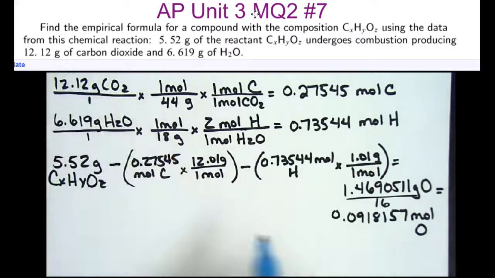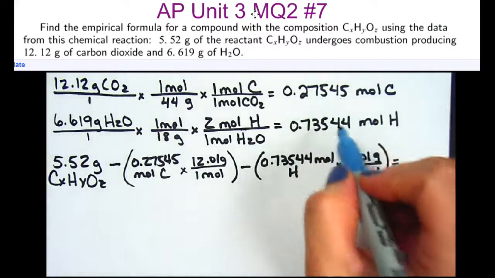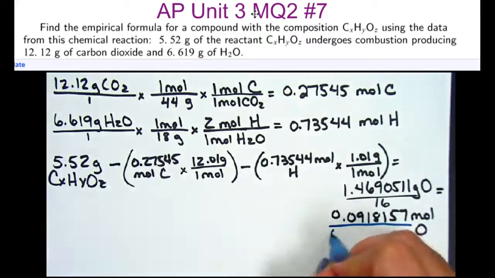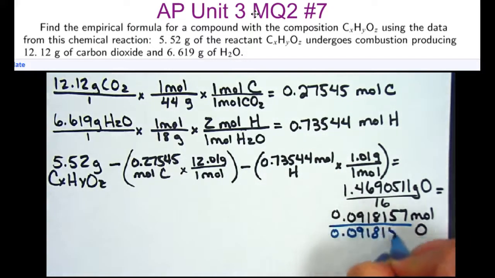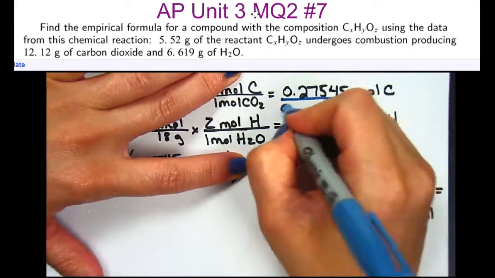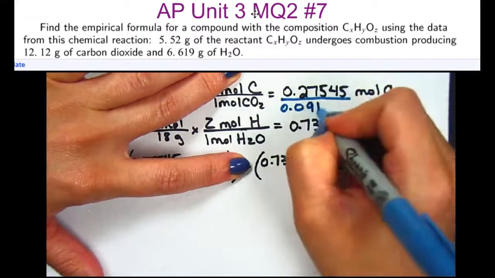So I'm going to now divide each of the moles by the smallest, which is going to be this value, 0.0918157. So we're at the divide by small part of determining our empirical formula.